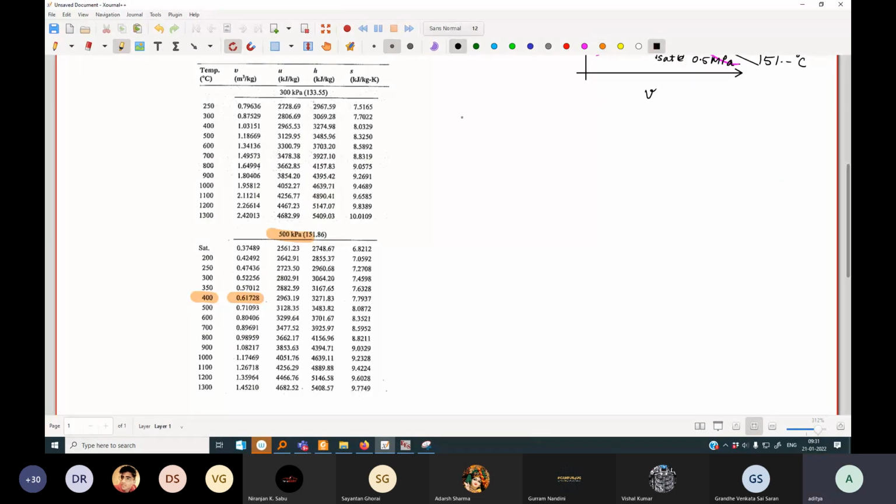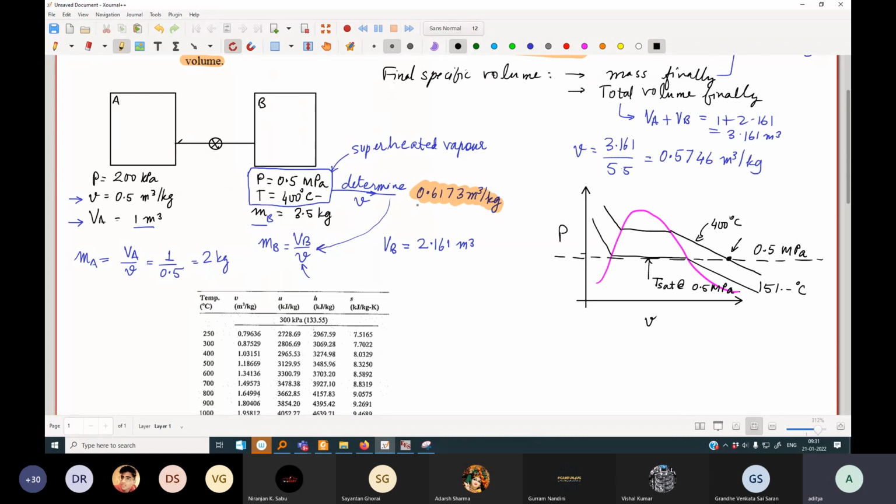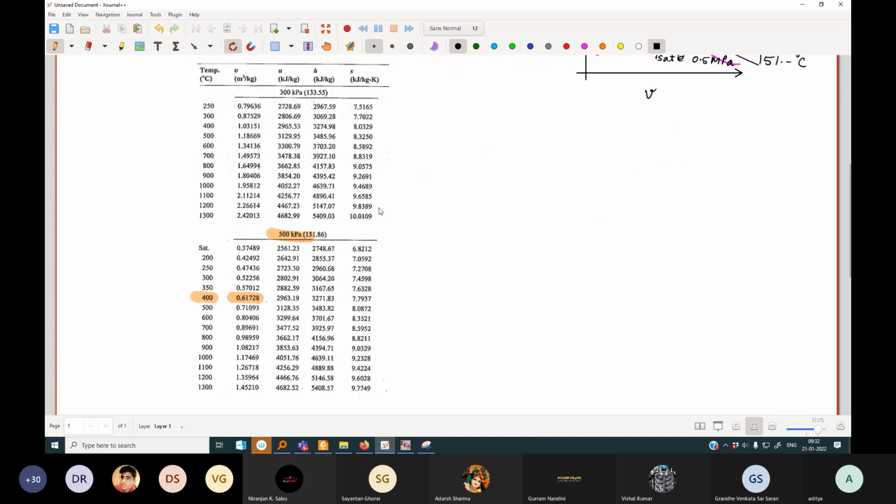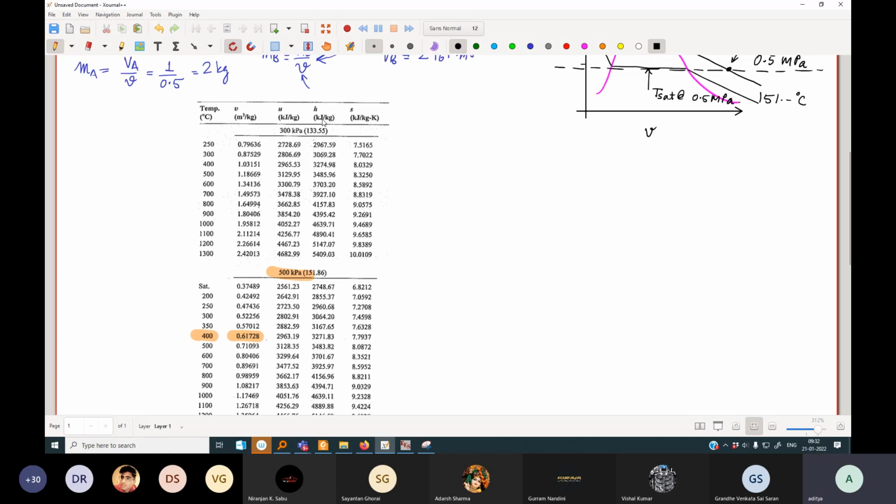So now you would have obtained this step, and then everything else just follows from the same chain of logic. This is table 3.2.1, superheated vapor. Is that clear to everyone? Yes, sir. All right, let's do another problem.